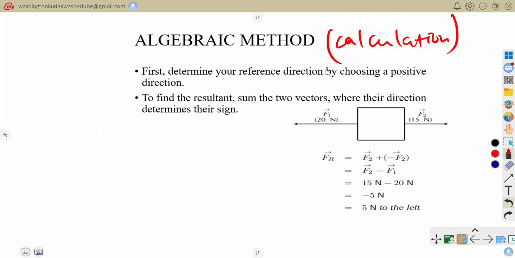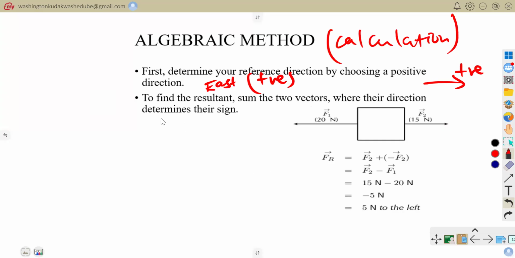When we say reference direction, we are saying choose a direction that you want to be positive, for example, choose the east to be positive. I usually like going to the right to be chosen as positive, so that people get used to saying positive is the right and negative is the left, or else positive is the east and negative is the west.